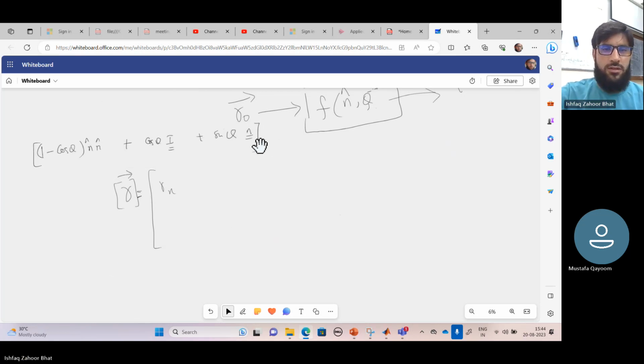So this is our R tensor. Let us see how we can write this R tensor.